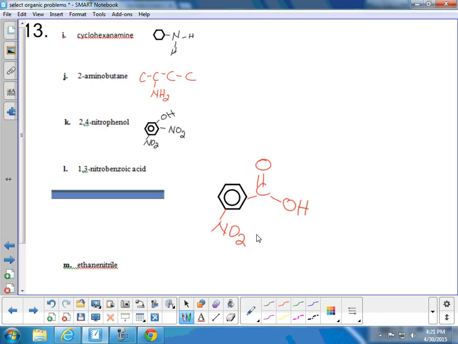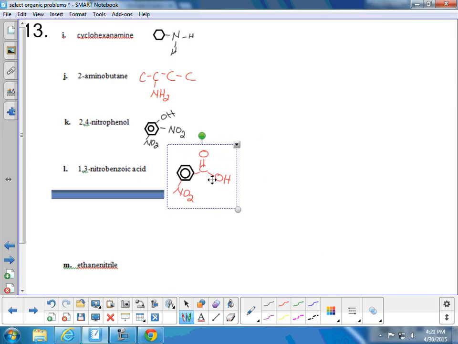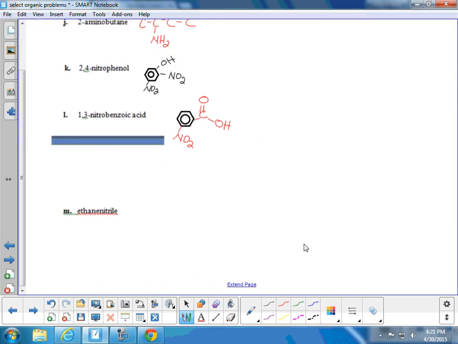All right, and then letter M, ethanenitrile. So we know eth means 2. AN, we have a single bond. Nitriles, this isn't on your foldable for functional groups either. Nitriles are nitrogens that have a triple bond.